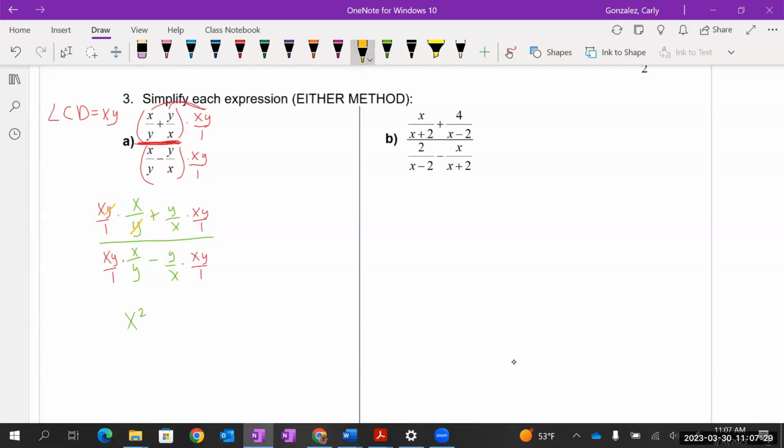Now on the top right, we have an x in the numerator and an x in the denominator. And notice everything's multiplying and dividing in this expression. We don't have any adding or subtracting inside that circle. So here, the x can cancel in the numerator and denominator, and we're just left with y times y. So we get plus y squared.